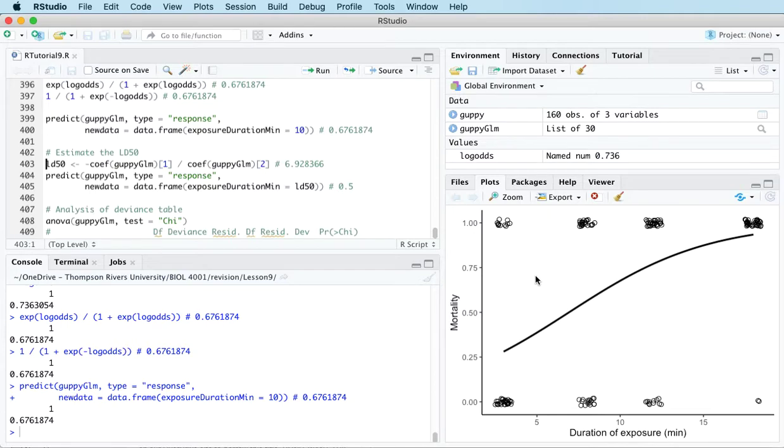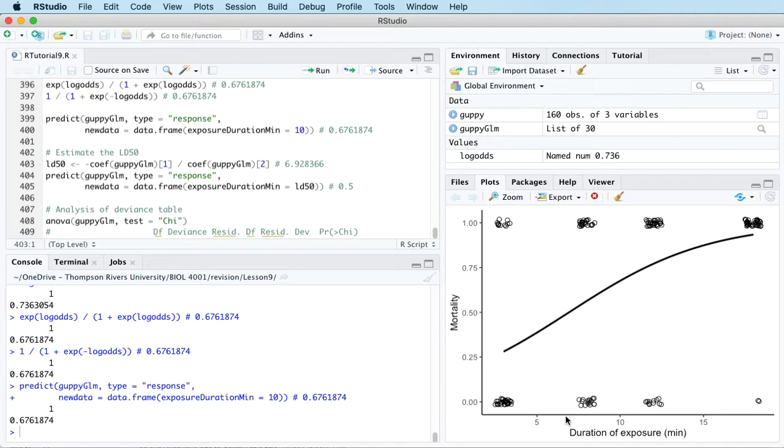So we're kind of reversing what we did just now, where we started with a value on the x-axis and figured out what the value on the y-axis was. This time we're starting with a value on that y-axis and figuring out what the corresponding value on the x-axis is.